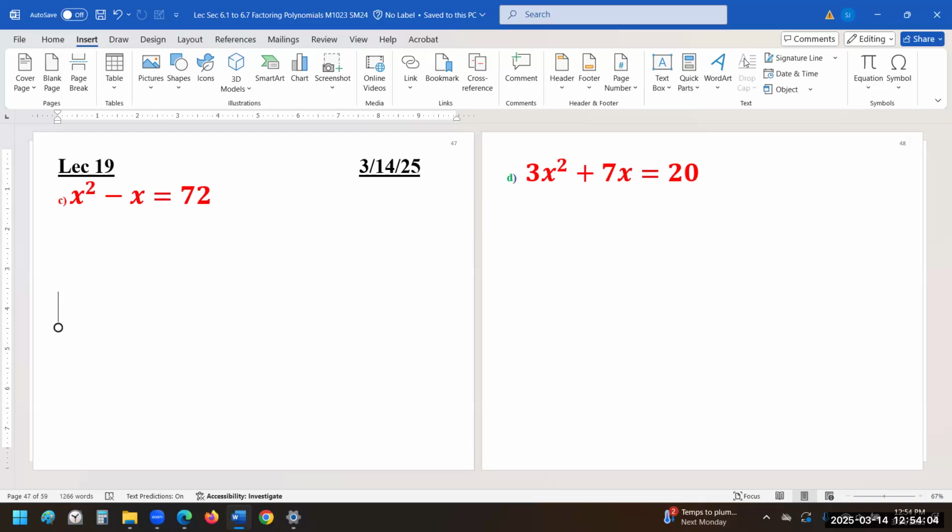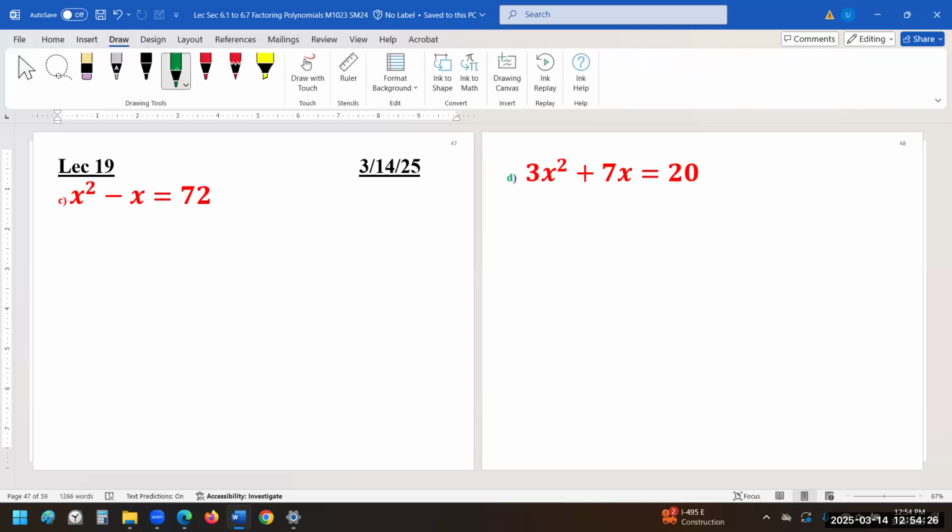So let's do the left page first. What can you do to see the 0 on one side? Multiplying by 2, how are you going to get 0 from there? If you multiply by 0, everything becomes 0. We want that 72 not on the other side.